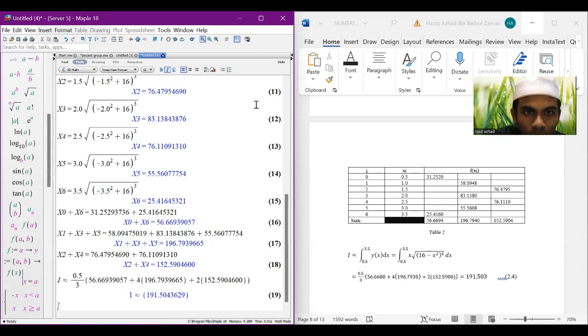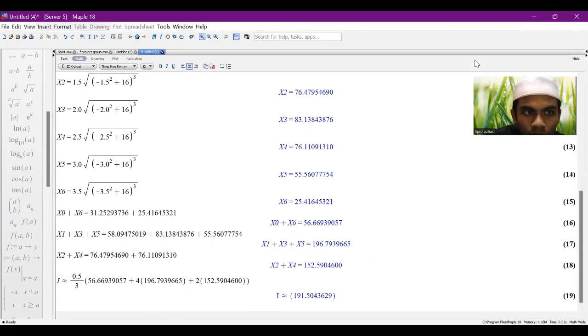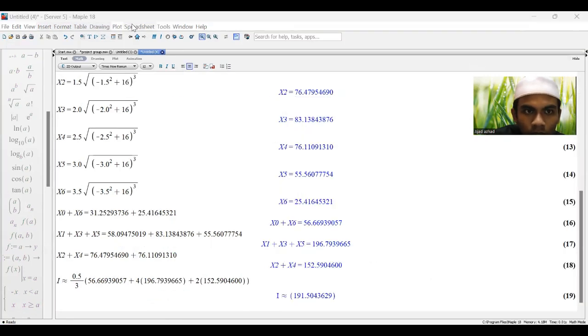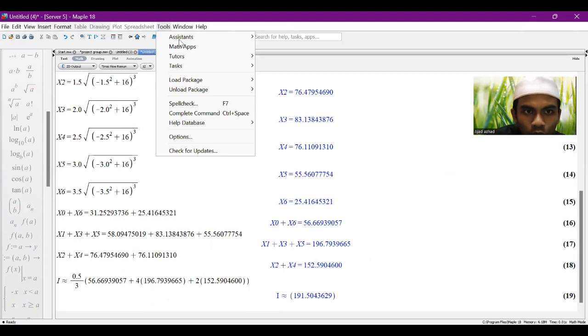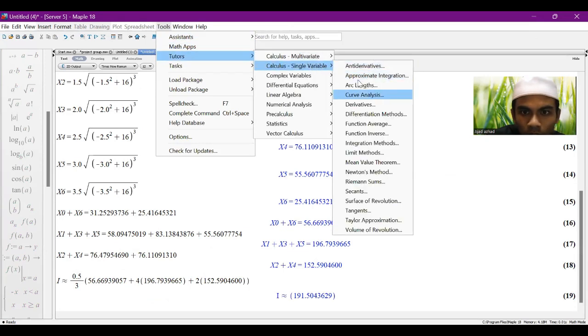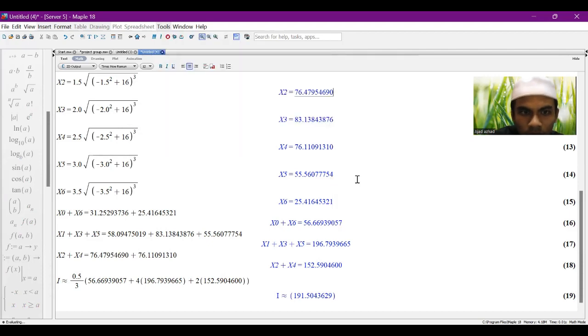And for the simulation, we can get the value from here. Plot tools to calculate the variable, learning sums.